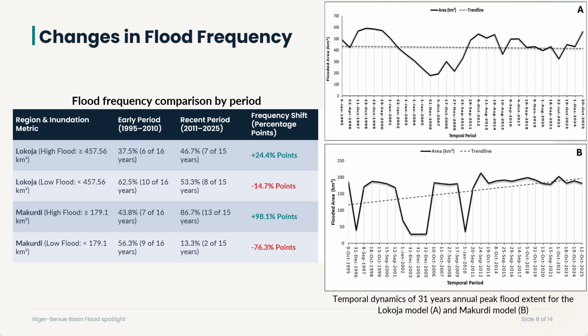On the other hand, the recent flood period, 2011 to 2025, has shown a clear higher flood frequency, where almost half of all the years, that is 46.7%, have experienced flood extent above the weighted mean.